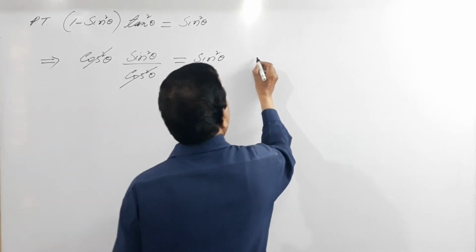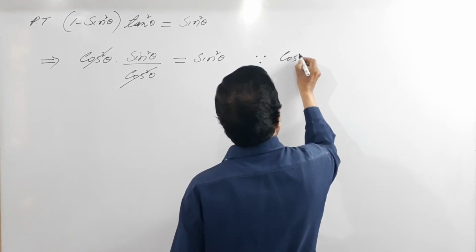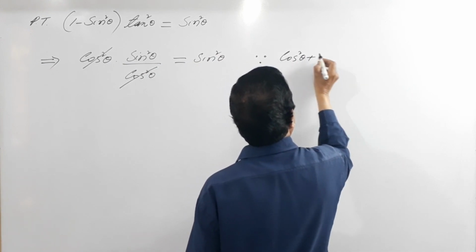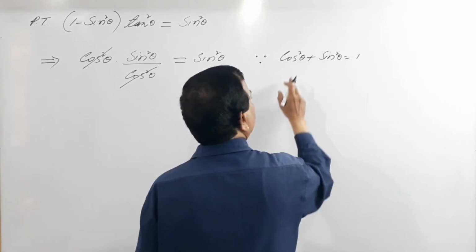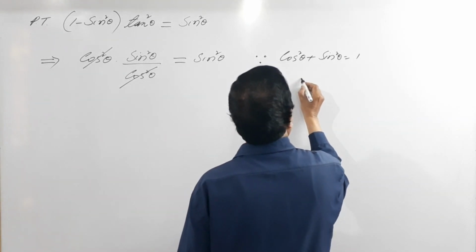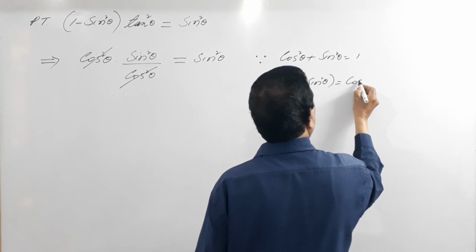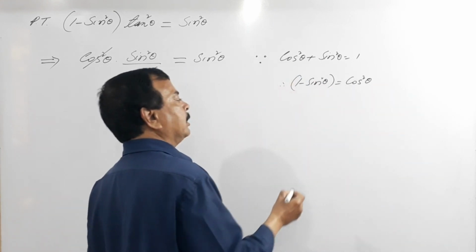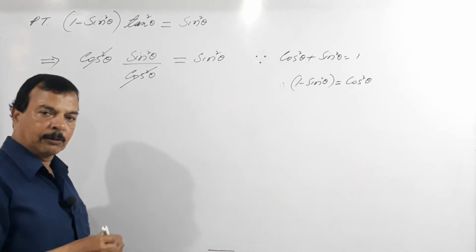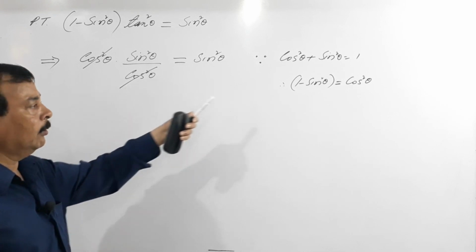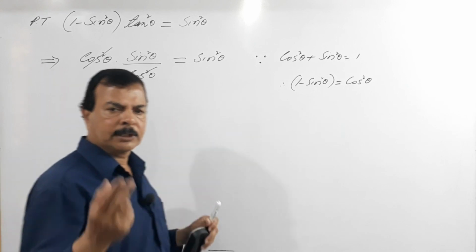Here, since cos square theta plus sin square theta equals 1, therefore 1 minus sin square theta equals cos square theta. ये लिखना ज़रूरी है, वरना थोड़े एग्जामिनर खुश नहीं होंगे. उनको खुश करने के लिए आपको ये स्टेप लिखना पड़ेगा. डन. ये रहा आपके लिए 1 मार्क्स या 2 मार्क्स का प्रॉब्लम.